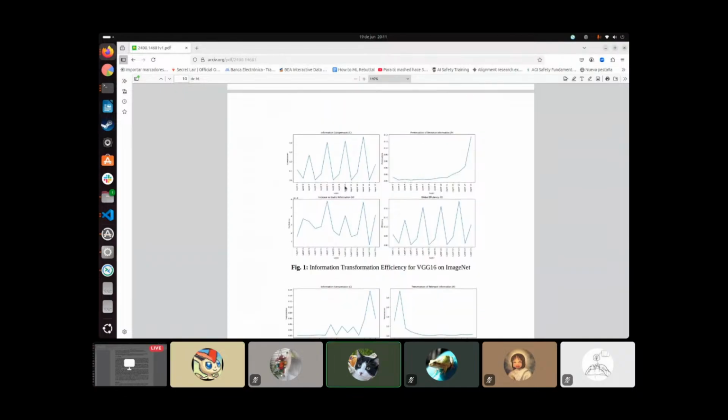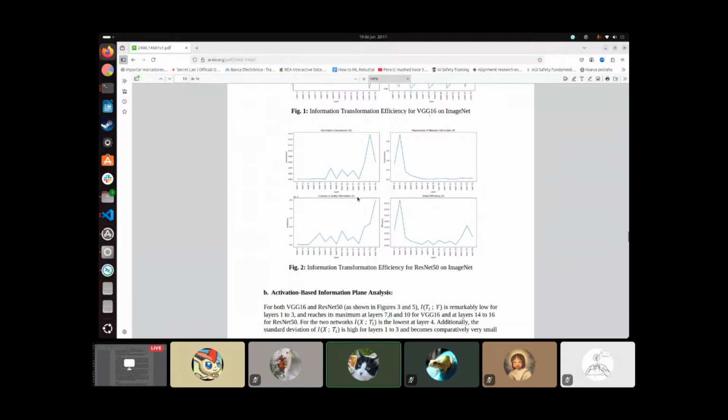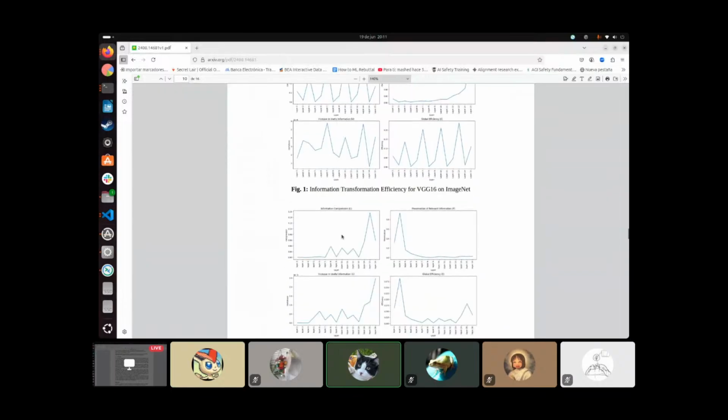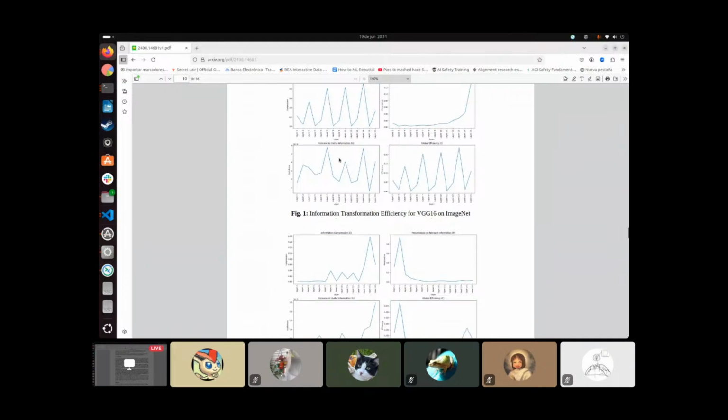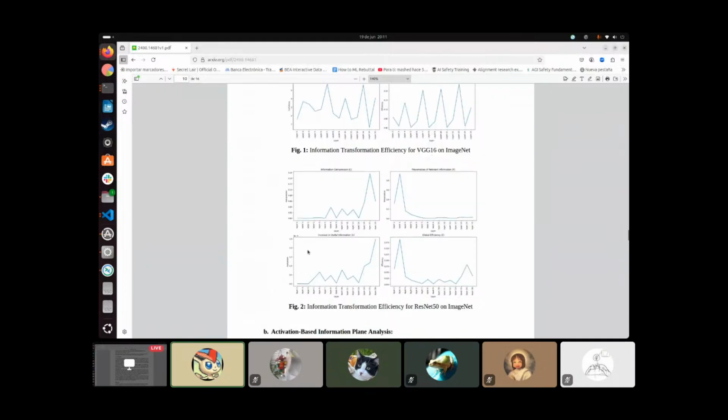Yeah. And then if you go to the ResNet, it's a bit different. It doesn't quite have similar things happening across the layers, and I'm wondering if it goes up and down. Maybe this has something to do with one having connections.